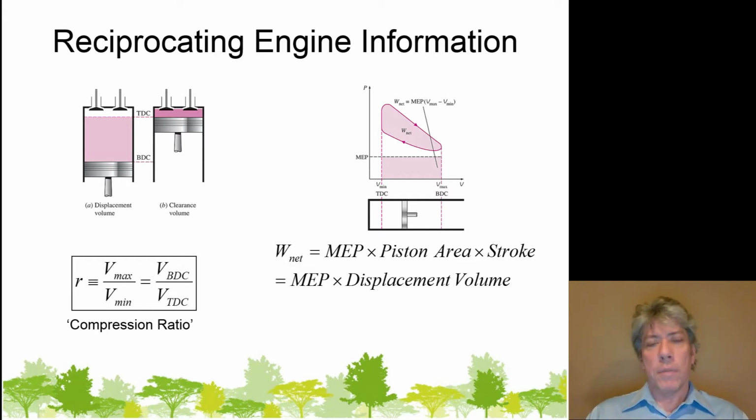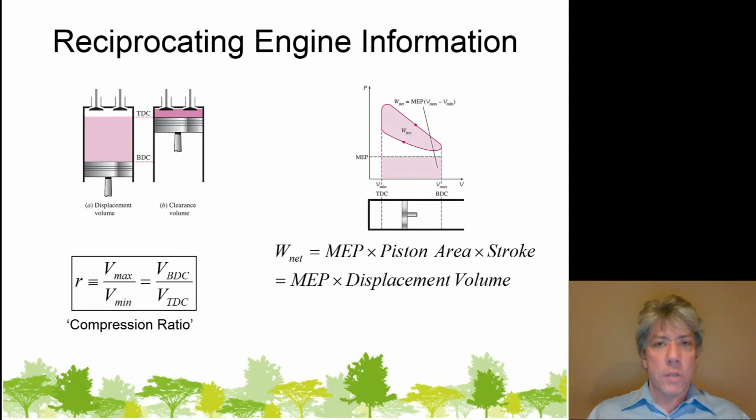Well, you use something called mean effective pressure, and what you do is you say, okay, let's put bottom dead center and top dead center where they really are in the real cycle, and then let's figure out how much pressure we'd have to have so that the area enclosed by that rectangle you see there beneath the real cycle has the same amount of area as the area inside of the cycle. So whatever that mean effective pressure number is that's required so that the rectangle represents the actual area inside of the real cycle, that's called the mean effective pressure.